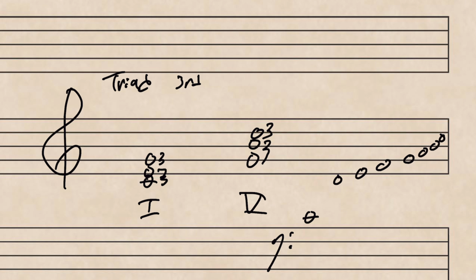Now I can keep adding to these. So for example, if I go C, E, G, I can add another C, I can add another E, a G. I can keep on going with this, C, E, G, C, E, G. As long as I'm using those notes, it's still called a C major chord, or since we're in C major, the 1 chord.